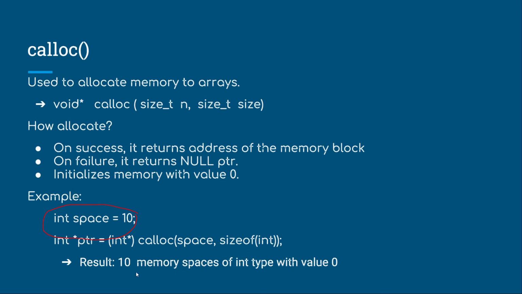Fine. And as a result it will return 10 memory spaces or 10 blocks of memory of int type with the value 0. That means it will be initializing the values with 0.